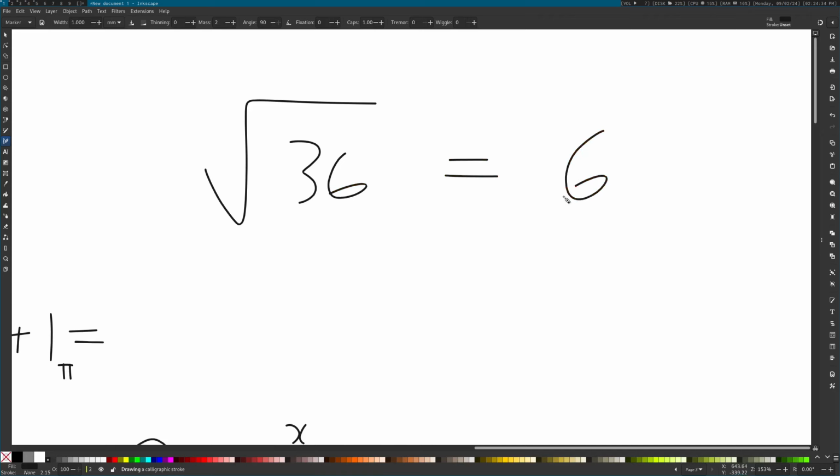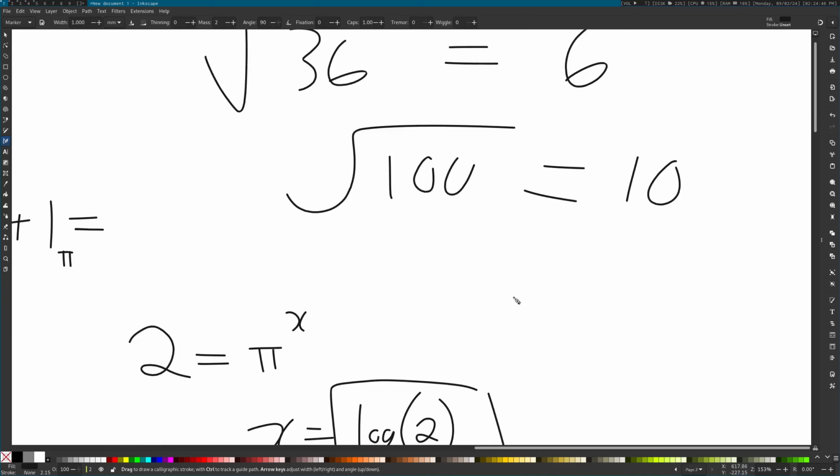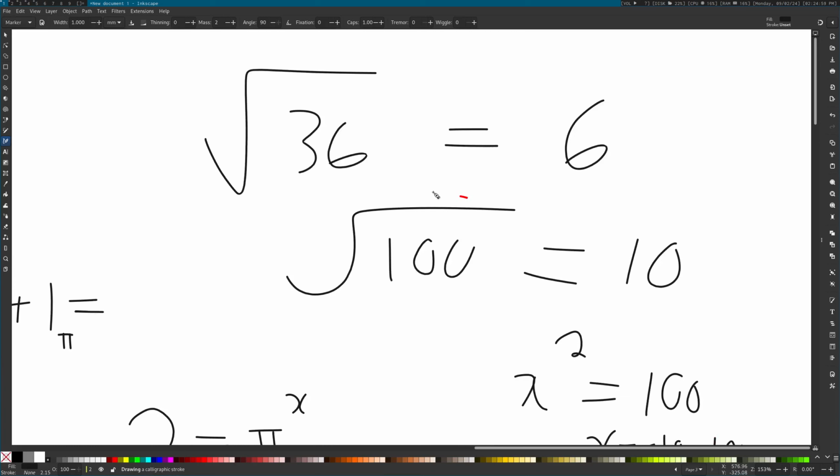So you'd only use 3. But when you're solving that in an equation, like x squared equals 100, if you were to square root that, it's either 10 or negative 10. But if you're using this square root notation, then it's just this one.